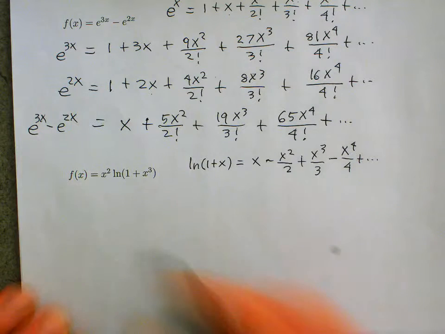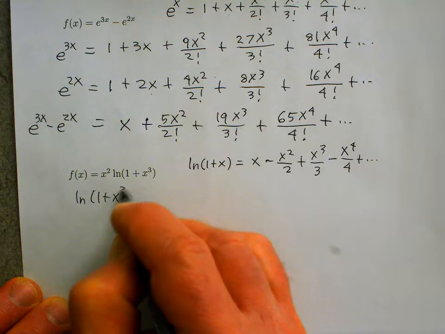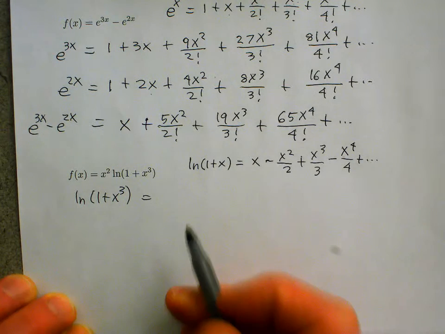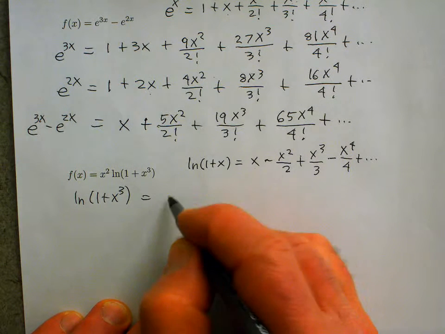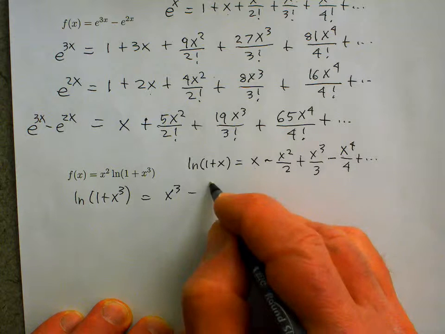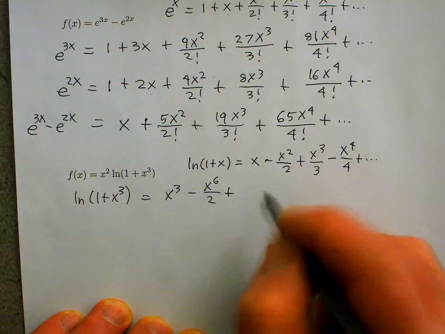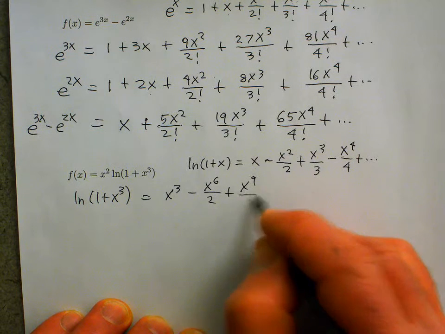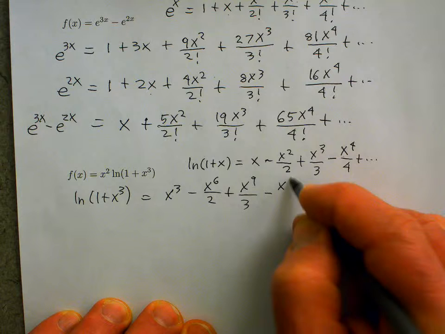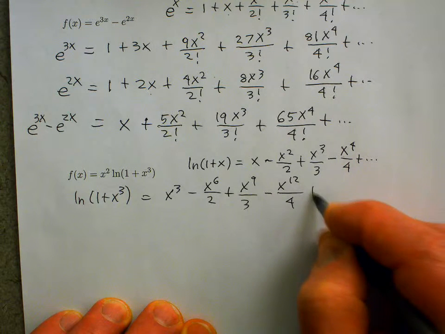Okay, so the natural log of 1 plus x to the third, we just replace each of those x's with x to the third, and we get x to the third minus x to the sixth over 2 plus x to the ninth over 3 minus x to the 12th over 4 and so on.